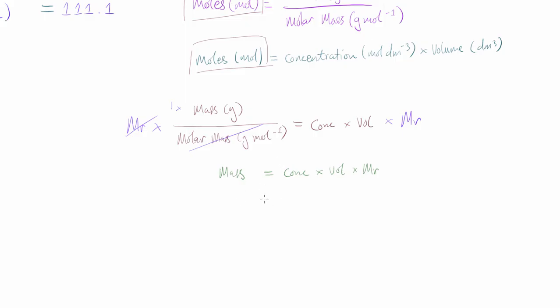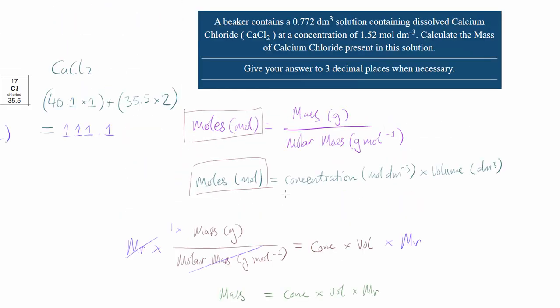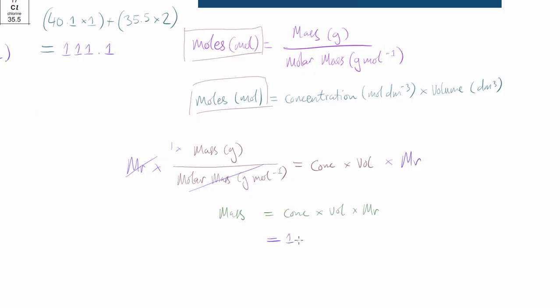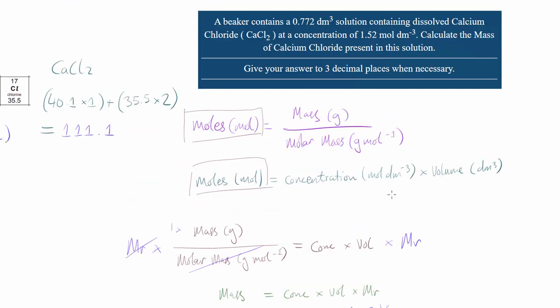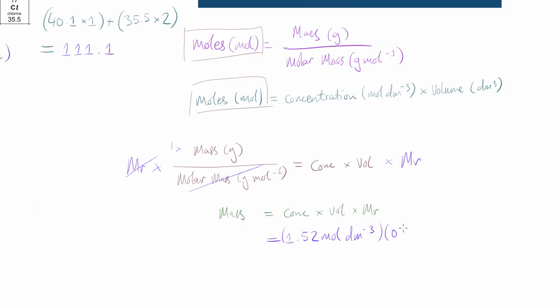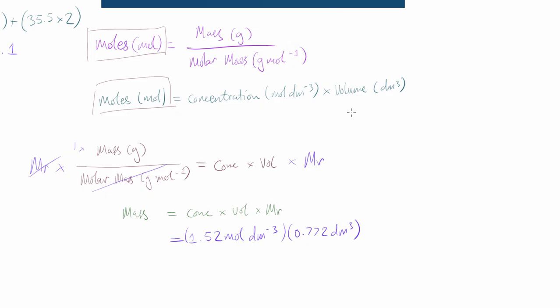So mass is going to equal 1.52 moles per dm³ multiplied by the volume, which is provided as 0.772, multiplied by the molar mass, which as we just worked out is 111.1 grams per mole.